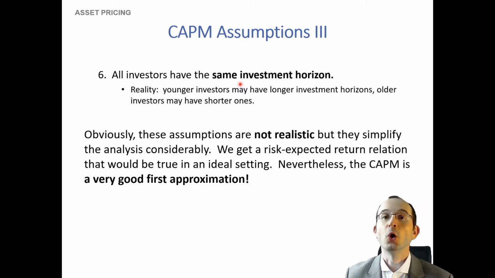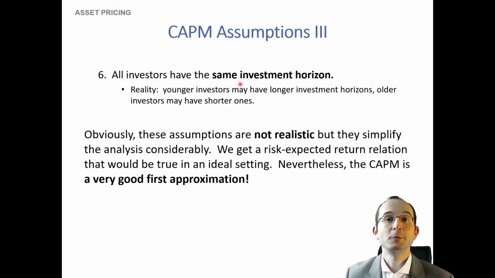There's long-term informationally advantaged investors, such as Warren Buffett, for example, that will hold positions for decades, and everything in between. So investment horizons do differ, and therefore this assumption is not very realistic either.